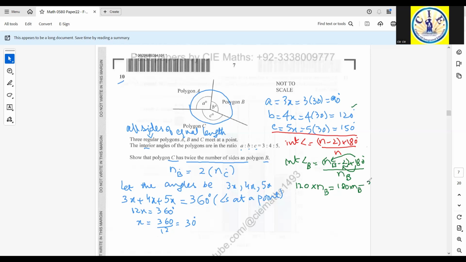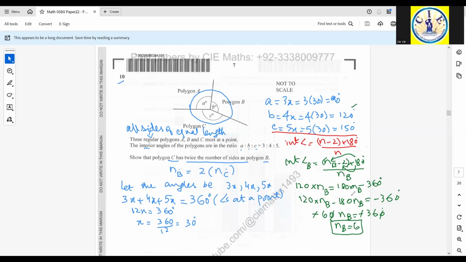So 120 times n of B minus 180 times n of B is equal to negative 360. So this is negative 60 times the number of sides of polygon B, equal to negative 360. So negative gets cancelled out, 0 gets cancelled out, and 6 sixes are 36. So the number of sides for polygon B is 6.